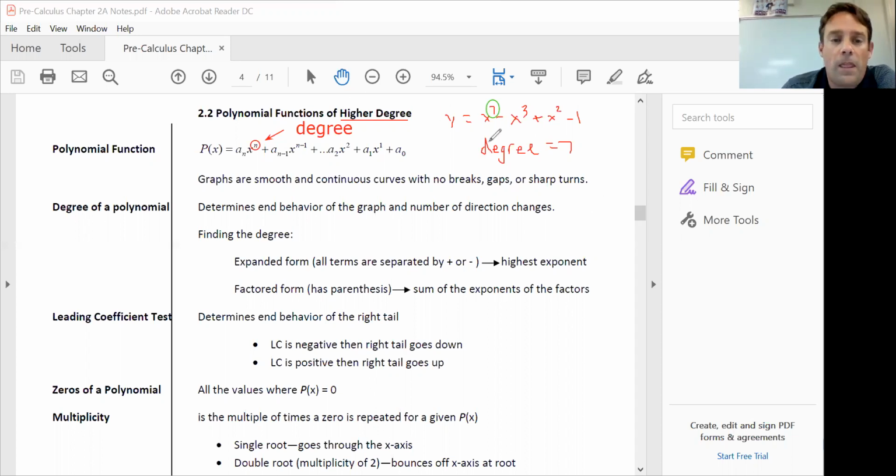Also, we don't just classify polynomials when they're in general form. Sometimes we want to classify them when they're in their factored form. Now, if they're in their factored form, let me throw one up here for you. We calculate the degree a little bit different. So what we do here on these, we're going to put all our factors here, x plus 4.